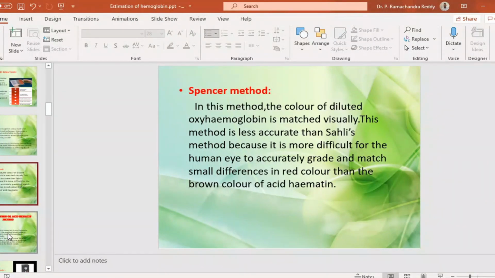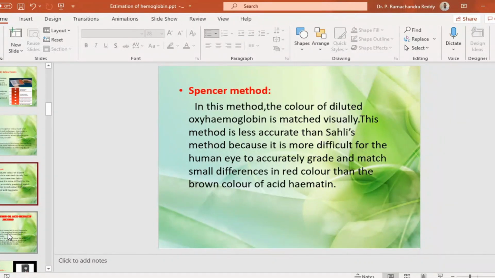Sahli's method is the one where we estimate the blood. Whatever hemoglobin tests we do in medical camps and such are with Sahli's method. There we use a small kit that helps us estimate the hemoglobin. We take the acid and then we get the brown color.